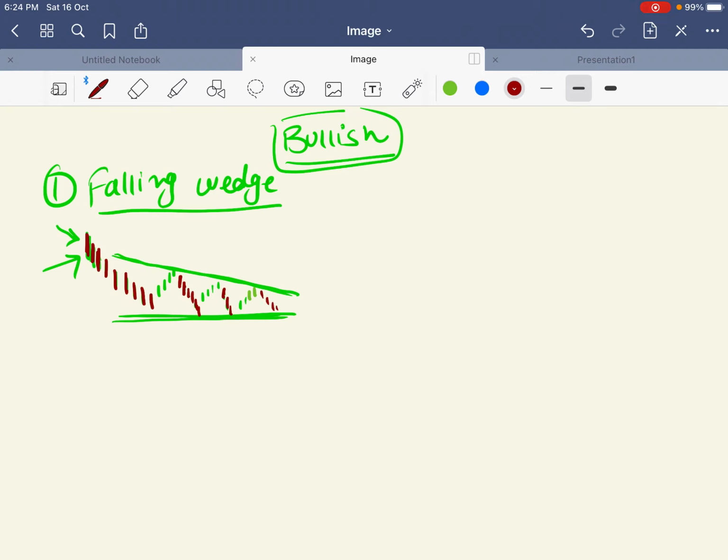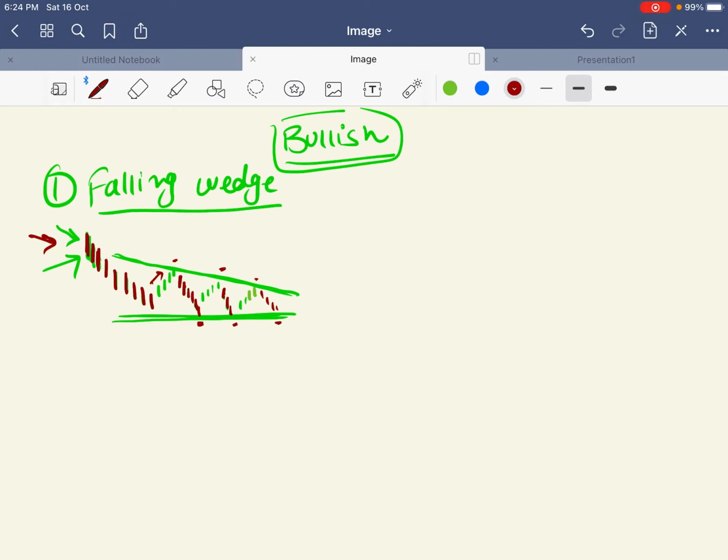As you can see, the market is falling and the trend is in a downward direction, and it bounces back, taking support at this point, then retrace, bounce, retrace, bounce, retrace.